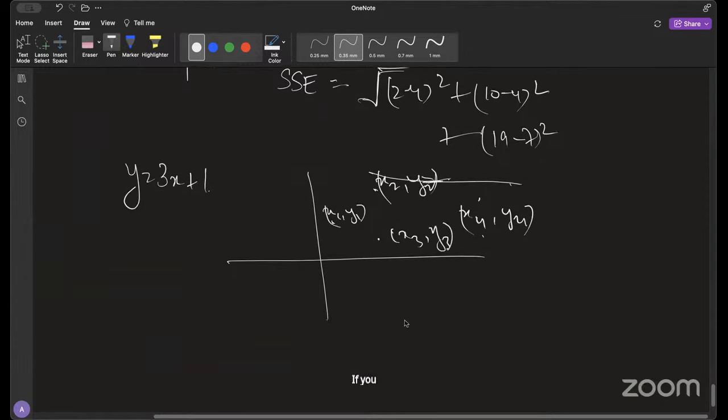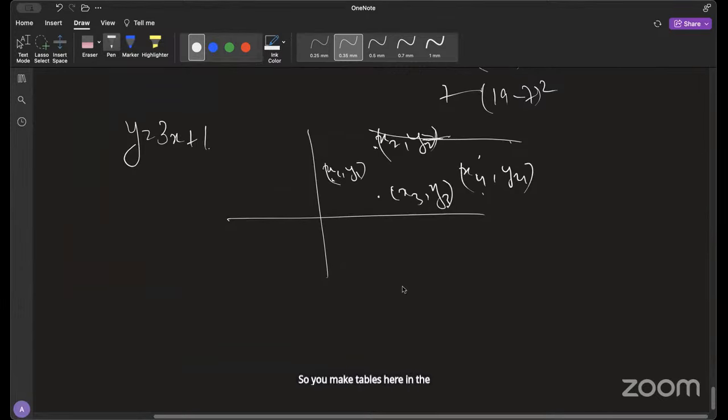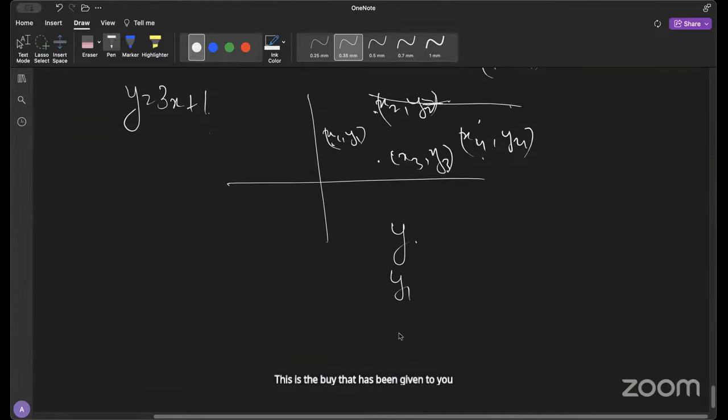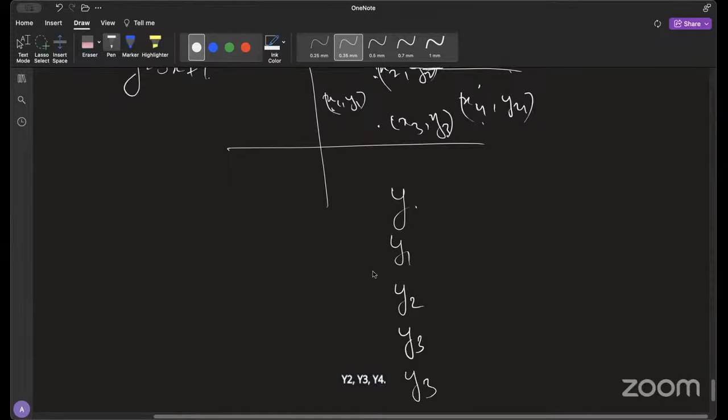If you have these given, you make a table in this form. This is the y that has been given to you: y1, y2, y3, y4. This is the y as per the data points given to you.